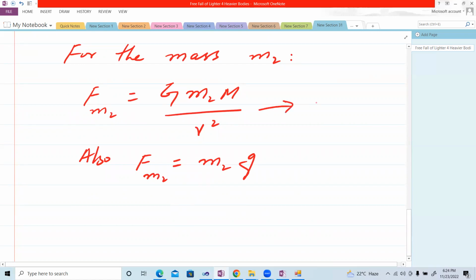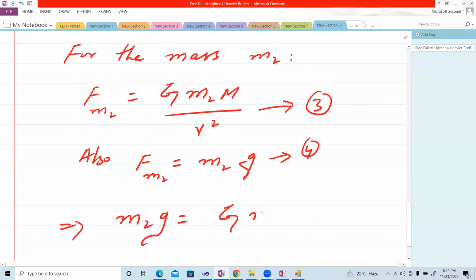Now you can compare these two equations, let's say equation 3 and equation 4. Comparing the right sides of equation 3 and equation 4 gives us m2 g equals capital G m2 capital M over r squared, right? So here m2 will be cancelled on both sides.